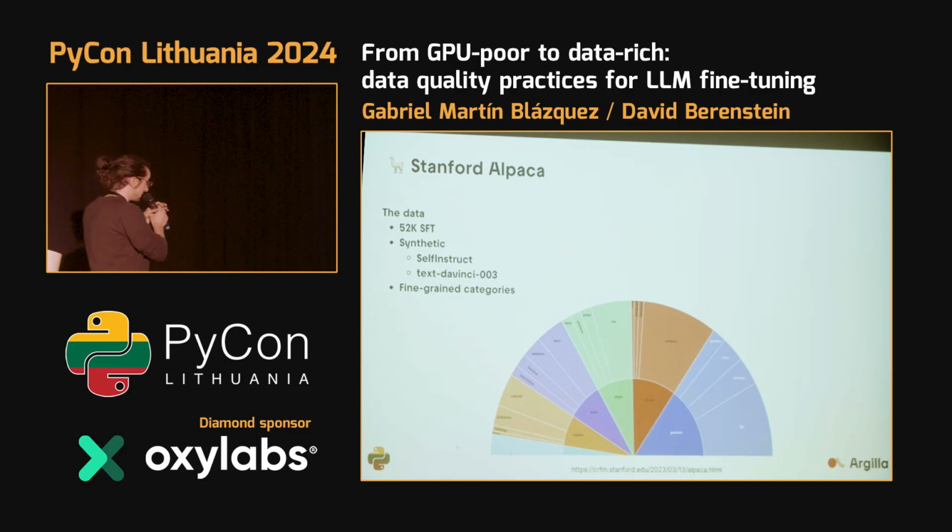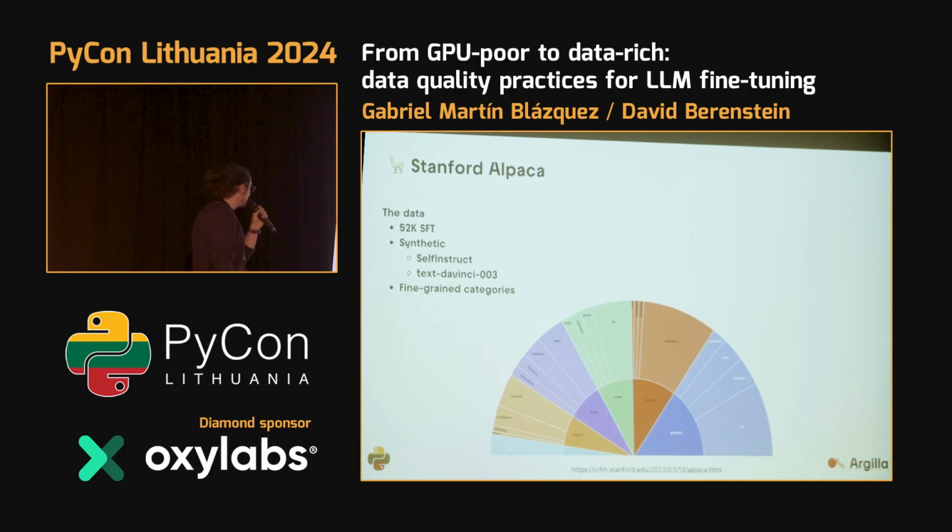So yeah, I will start with Stanford Alpaca, which is a synthetically generated dataset created by Stanford. They used text-davinci-003 from OpenAI, which I think is no longer available, and the self-instruct prompt method, which basically, starting from a seed set of instructions and responses, lets you generate more synthetic data similar to that and on other topics. And this is the distribution of the most used verbs that appear in the instructions, and the outer circle is the nouns that followed this verb.